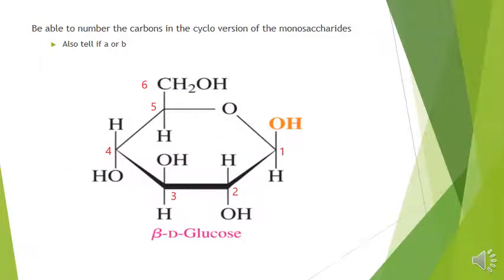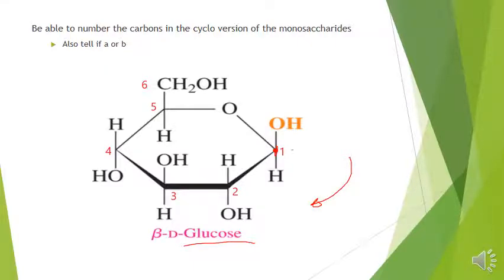The way that you find these monosaccharides in nature is actually not the linear form, it's the cyclic form. This is glucose, and we can count the carbons. Each point is a carbon. We go clockwise, so this is carbon number 1.